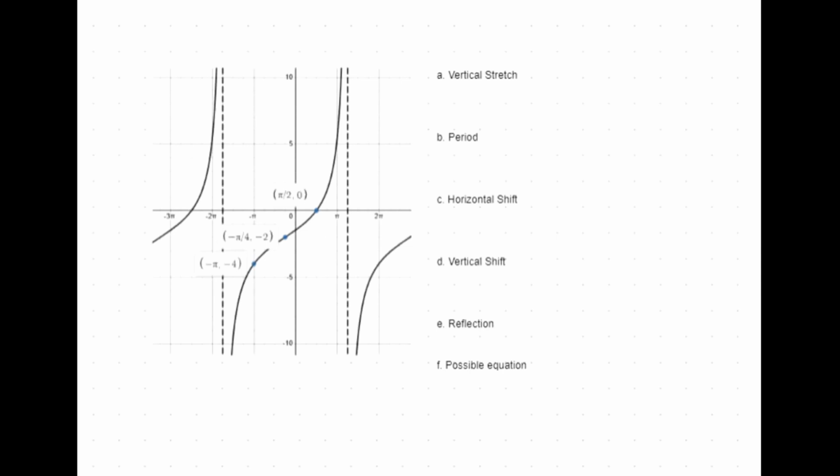Now, one key aspect of the tangent graph is the reflection. To determine what the reflection is, we have to see which way it's going. Like if we consider the parent tangent graph function, we expect the parent tangent graph to look something like this.